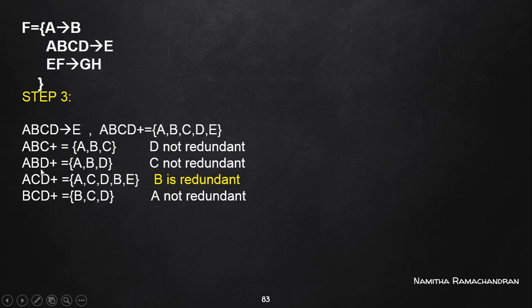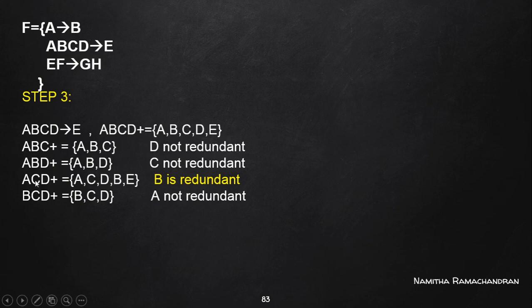In the absence of C, the derived closure is not equivalent to the ABCD closure. It means C is not a redundant attribute, so we can't eliminate C from the LHS part. Now here is the ACD closure, where B is absent. The ACD closure can derive all the attributes present in the ABCD closure.